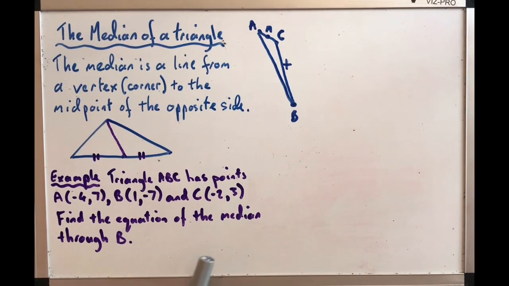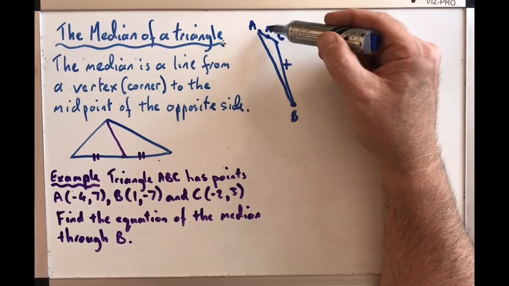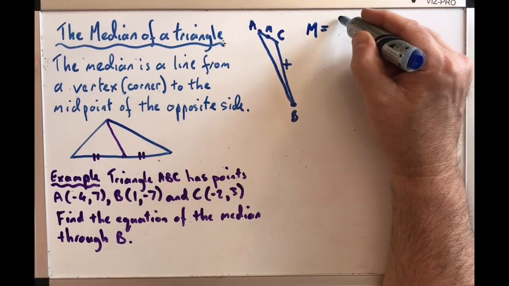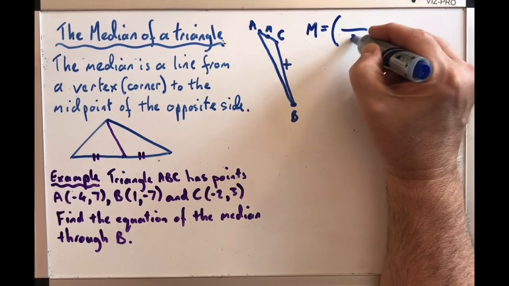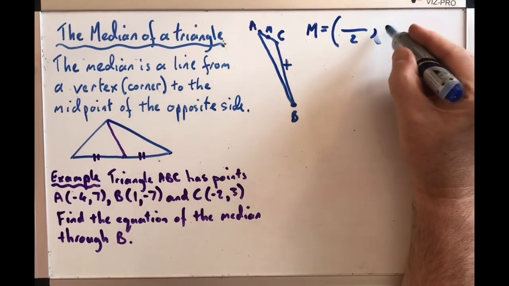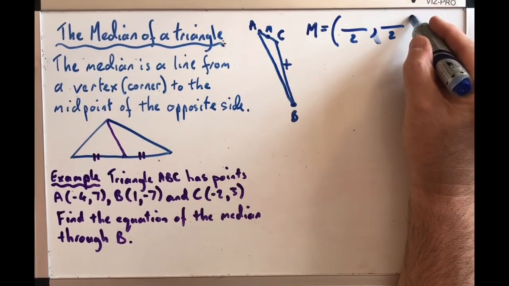Find the equation of the median through B. So it goes through that point, so we want the midpoint of AC. Okay, I've called the midpoint of AC M. So M will be equal to, now remember we add and divide by 2 with these, don't we?